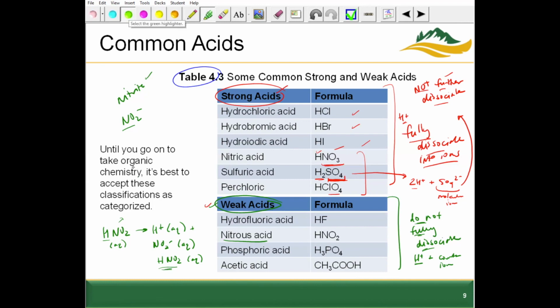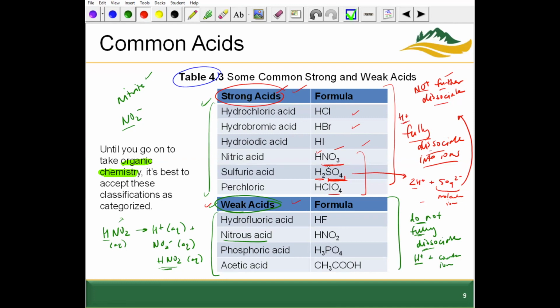If you go on to take organic chemistry, which I hope some of you do, you'll get more into why these are strong acids and weak acids. For our purposes, it's best to memorize or have these written on your note card that these are examples of strong acids, and these are examples of our weak acids. Strong acids will fully dissociate into H+ and their counter ions.